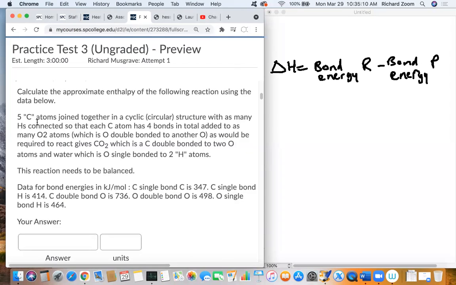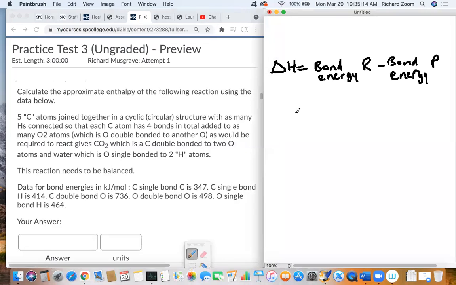So it says 5 C atoms joined together in a cyclic circular structure. Well, let's just do that then. C, joined together, C. There we go. With as many H's connected so that each C atom has 4 bonds on it. So each C atom currently has 2 bonds, so I need 2 hydrogens on each. One step at a time.